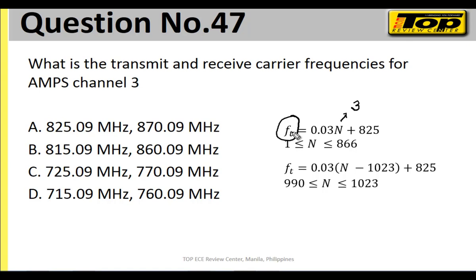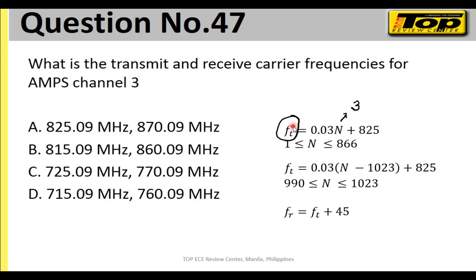In order to get the receive frequency, all we need to do is add 45. That should be in megahertz. Okay, 45 megahertz. Ang tawag mo rin dyan sa 45 megahertz na yan is the duplex distance. Meaning that is the separation between the transmit and receive frequency in amps.